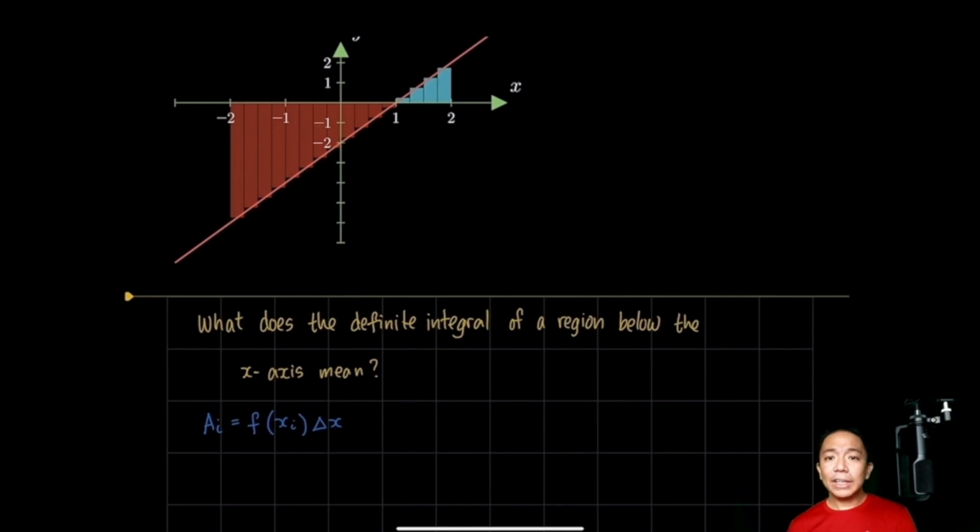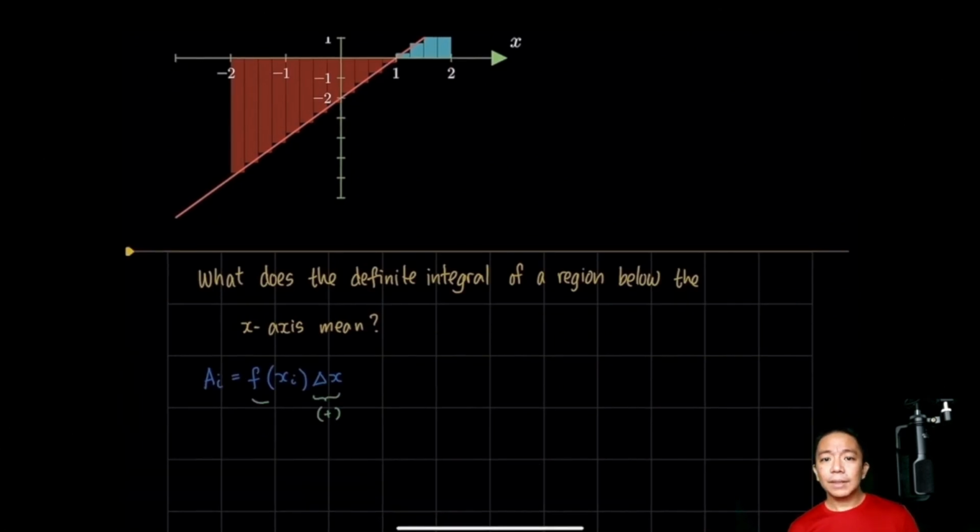Now here, our delta x is 2 minus -2, so 4, divided by n kung ilang rectangles meron tayo. So that's 4 over n. That's a positive value. But our x sub i sa region below the x-axis, if we evaluate yung function value sa kanya, magiging negative siya kasi below nga siya the x-axis.